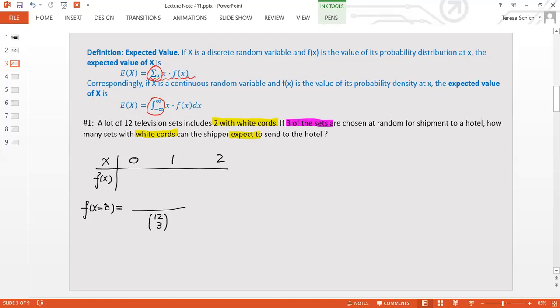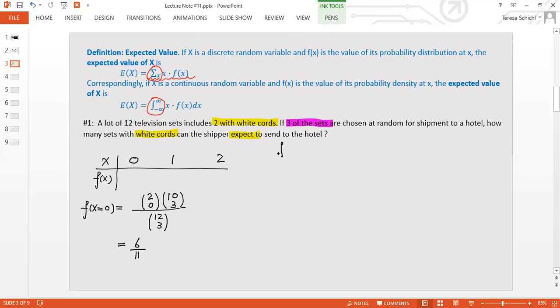Because you have 0 white cord, and I know I have 2 white cord, it's 2 choose 0. Then for the other colors of cord, you have 10, and you need to take 3, because all 3 sets you take are not white cord, so it's 10 choose 3. If you plug this into your calculator, you will get 6/11, right? So these are the combinations.